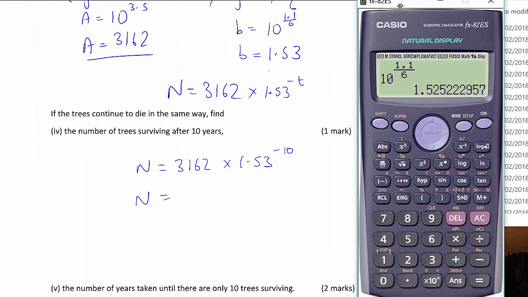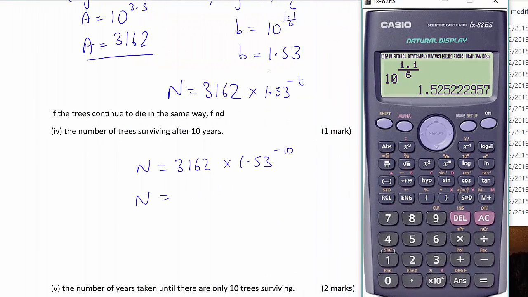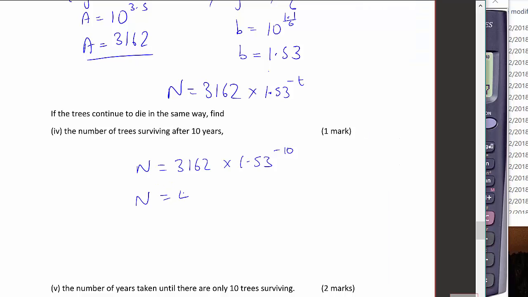So that is going to be 3162 multiplied by 1.53 to the power negative 10. That's going to give me 44.9. Let's say that's approximately 45.